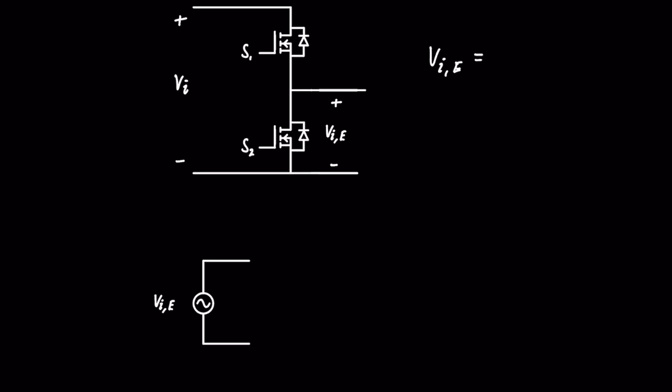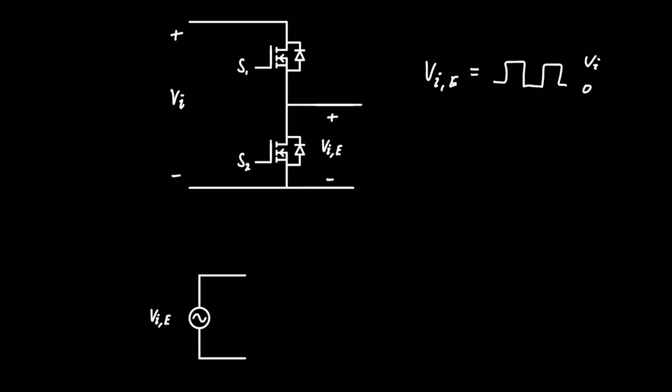would be equal to a square waveform, where the maximum is equal to VI and the minimum is equal to 0. If we found the Fourier series for the voltage, we will have 2A over n pi multiplied by sine of n pi over 2. This is the general equation for the square waves, and the amplitude here, A, is equal to the peak-to-peak value, which is VI.